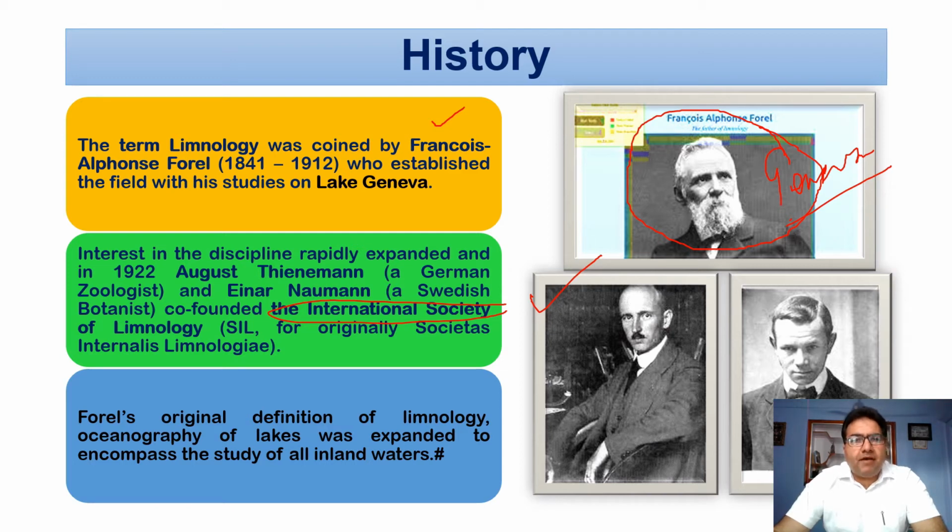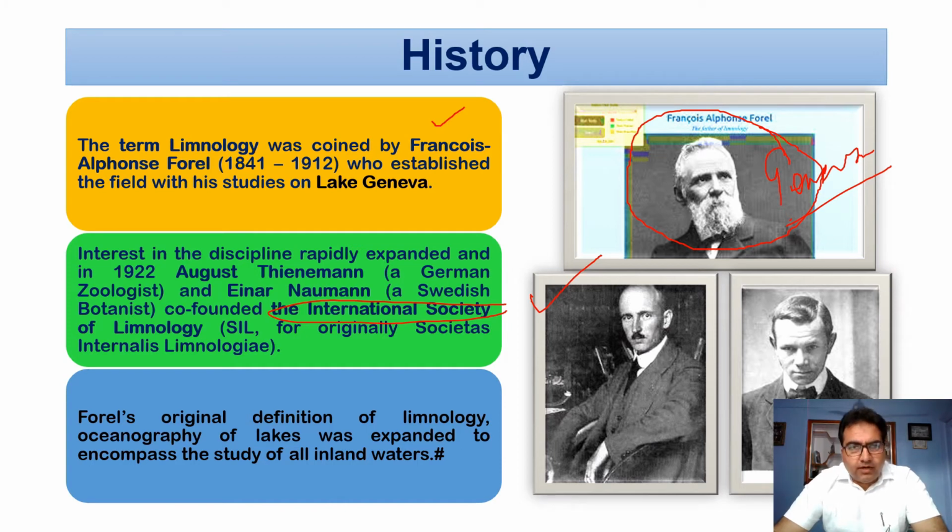By the time of his death at the age of 71, Francois Forel had produced 288 publications, including a 1900-page, 3-volume monograph, Le Léman. It was a monographie limnologique, that is, his limnological monograph of Lake Geneva, and that set the foundation for limnology.